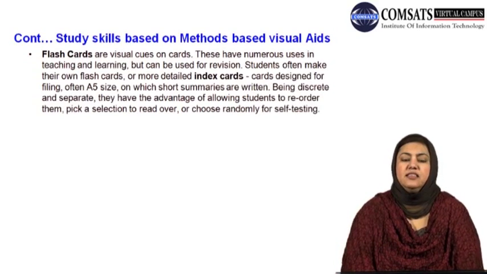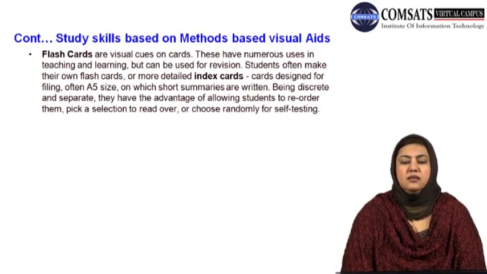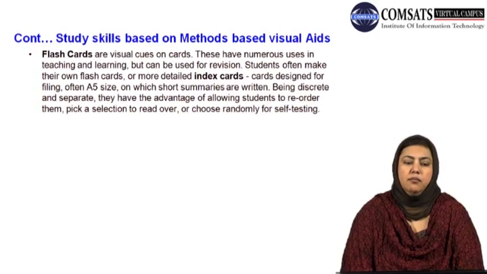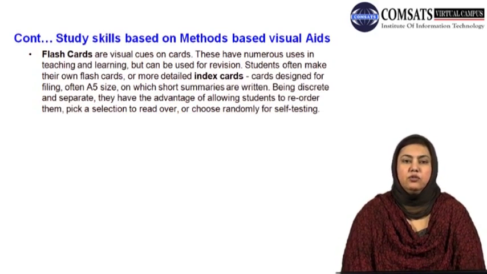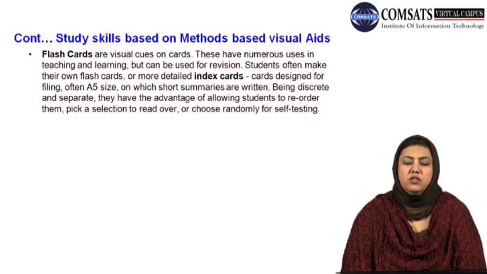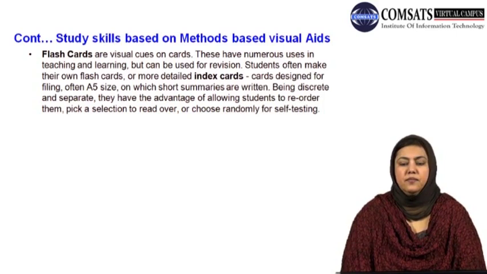Another type is study skills based on methods that are visual methods. So study skills based on visual aids. Mainly flashcards are the visual clues on cards that are used for this purpose. These have numerous uses in teaching and learning but can be used for revision as well.